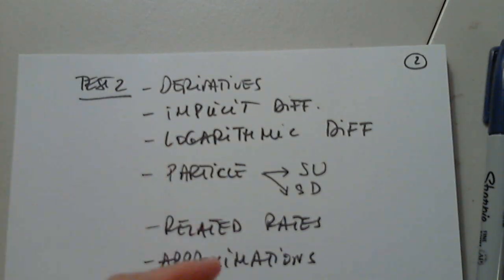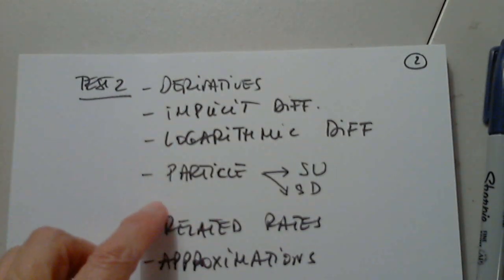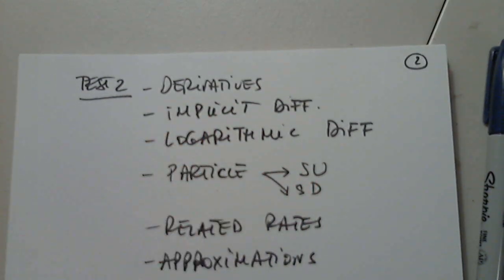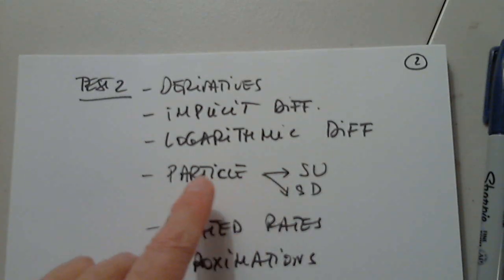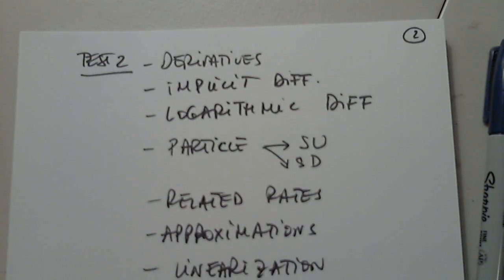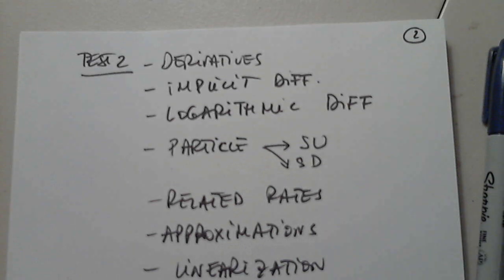Of course, you'll be asked to find tangents, maybe normal line, etc. The particle that we talked about, the whole list of questions, including the speeding up and slowing down, related rates, approximations using differentials, and of course the linearization. What would you like to start with?